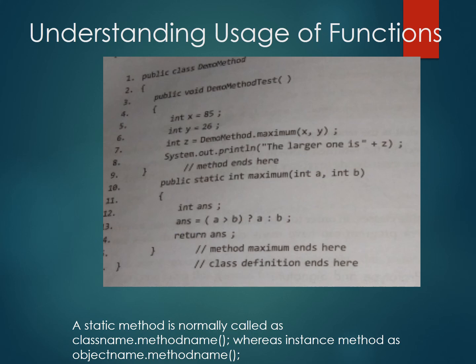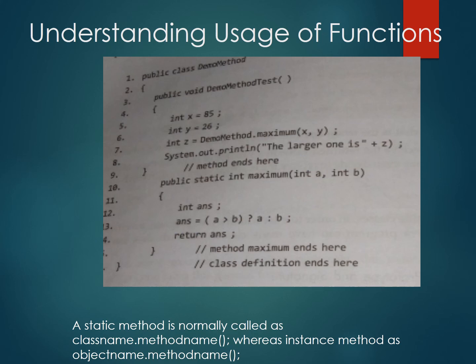The method which returns a value contains the keyword return, which we can see in this example: maximum has a return type int as specified in the header, and return ans is of type integer, so we have specified int in the method definition of maximum. It returns to the point where the function call was made.